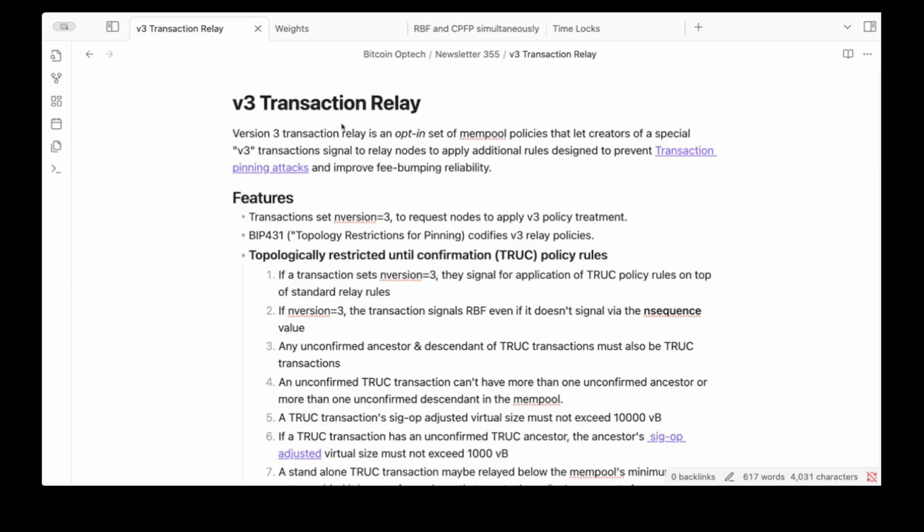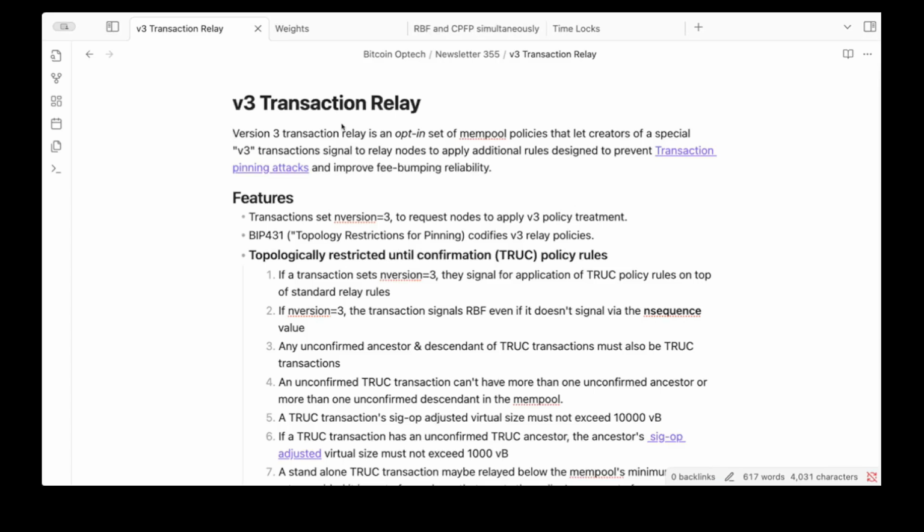This is a new version number that is being brought in because when you signal a transaction to be version 3, a special set of rules apply for V3 transactions.